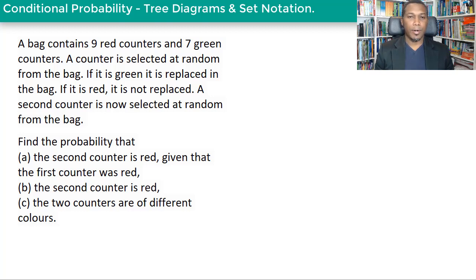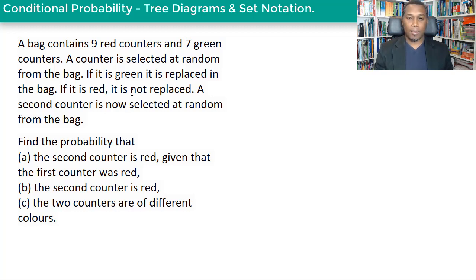What I'd like to consider in the two problems that we're going to work through in this session is conditional probability. I'm working on a premise that you have done questions on conditional probability already. It might not have been called conditional probability, but the key word which created the condition would have been "without replacement" or "not replaced."